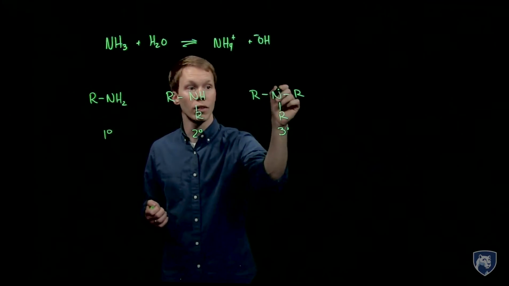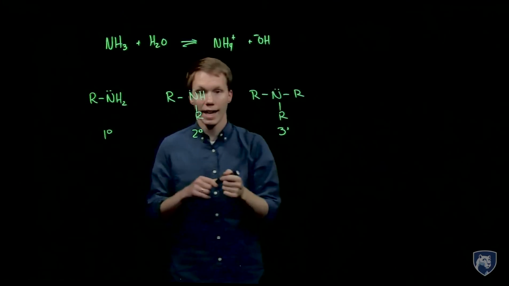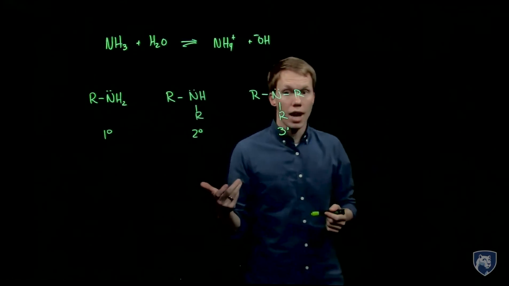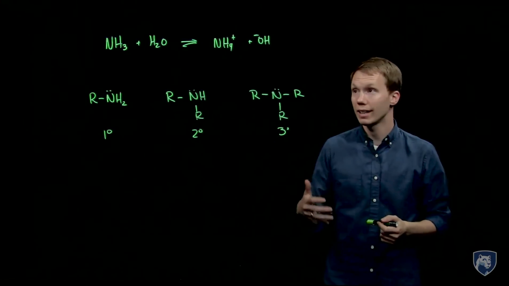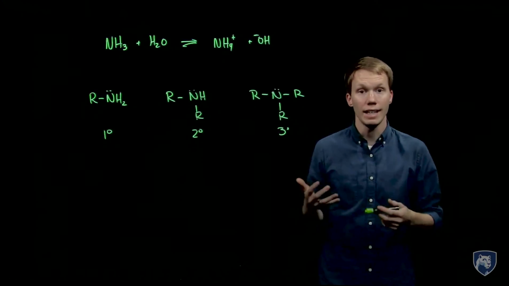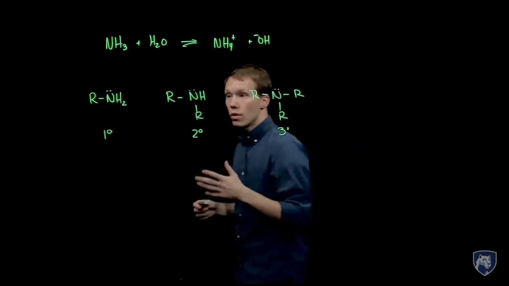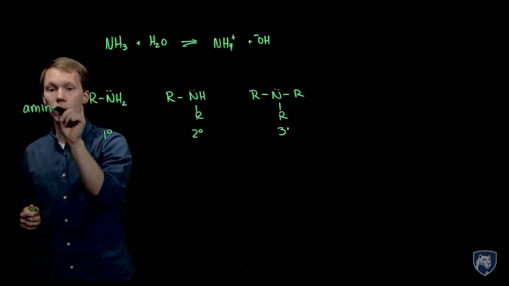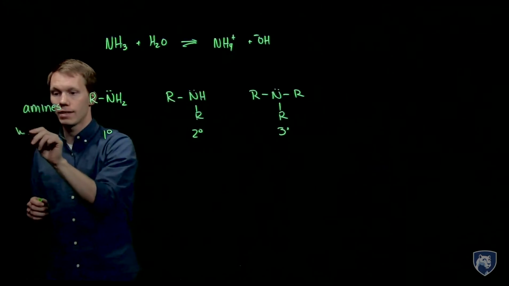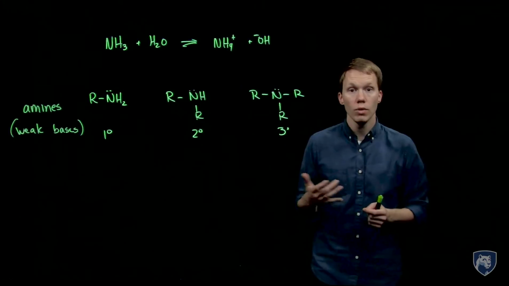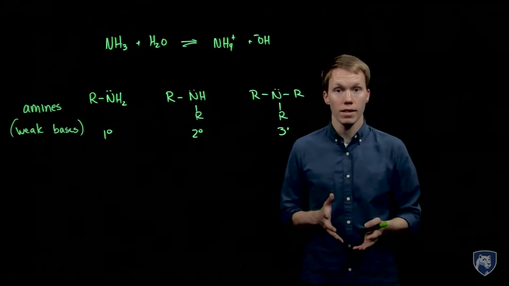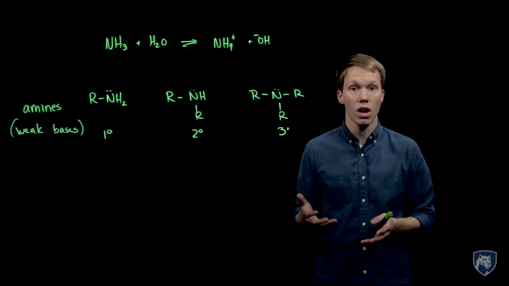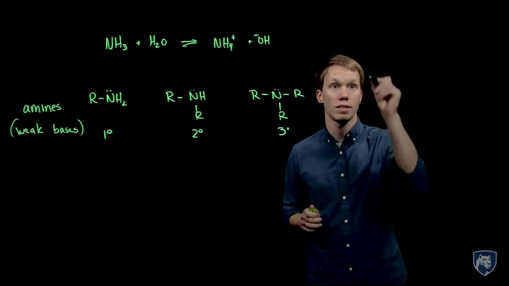All of these have lone pairs that can acquire a proton and become charged, giving hydroxide in water. So all of these amines will be weak bases. You may be familiar with some strong bases, and strong bases are all metal hydroxides, so some metal OH.